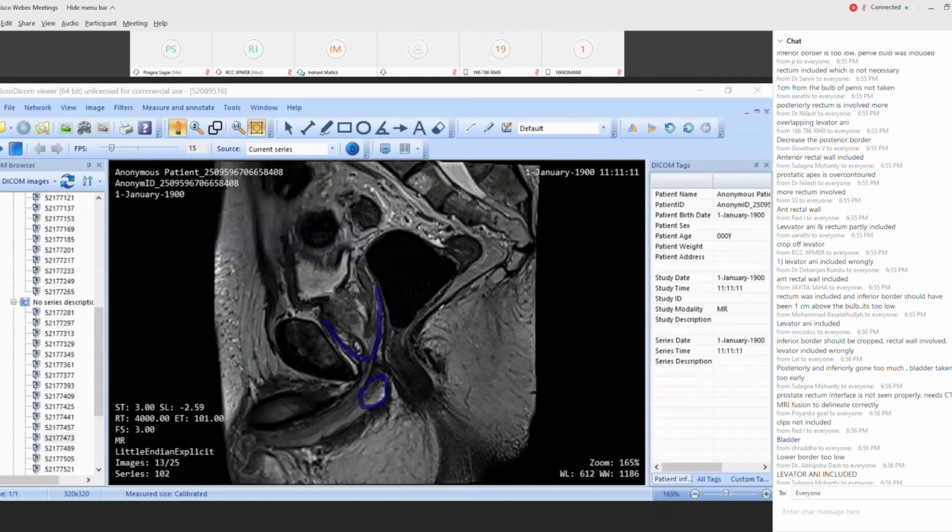The local failures that do happen usually happen in the posterior peripheral zone. Now that is my experience. So I think that leaving out a thin strip of tissue over there is safe if you have taken a look at the MRI.